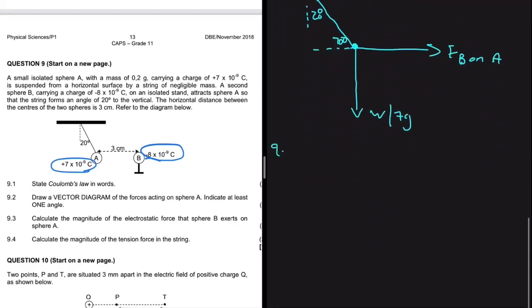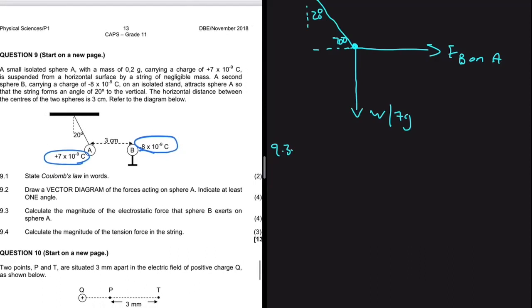9.3 says let's calculate the magnitude of the electrostatic force that sphere B exerts on sphere A. Again, the electrostatic force is equal to k Q1 Q2 divided by r squared.